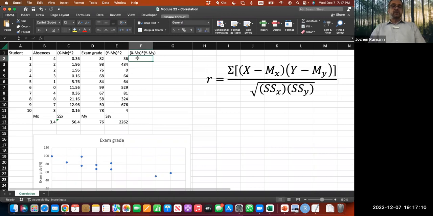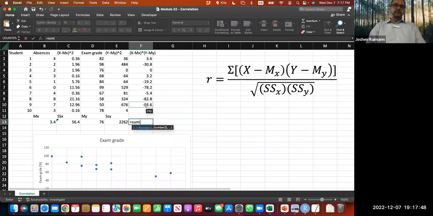We basically multiply this x, absences, minus mx that we need to lock in, parenthesis closed, multiplied by y minus my, locked in. That gets us 10 different products. The sum of this is the consequence of what we need.